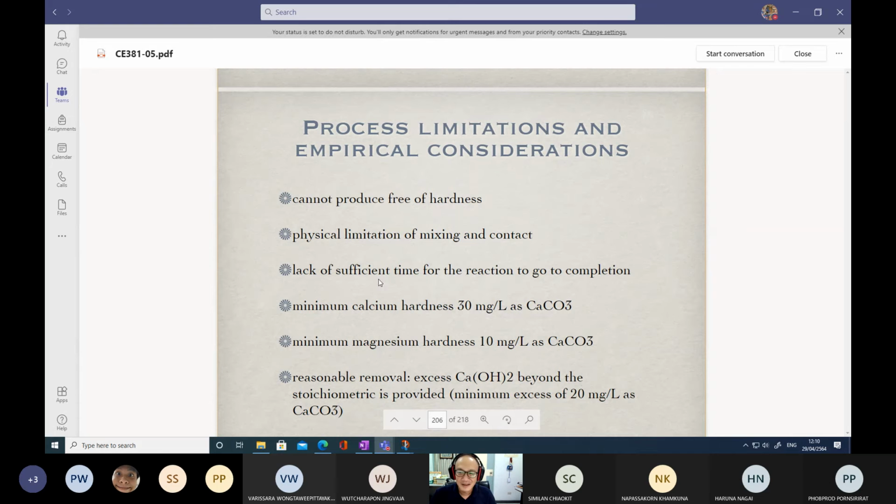And for reasonable removal, excess amounts of lime beyond the stoichiometric are provided. A minimum excess of 20 milligrams per liter as calcium carbonate is commonly added to drive the reactions slightly beyond the stoichiometric requirement.